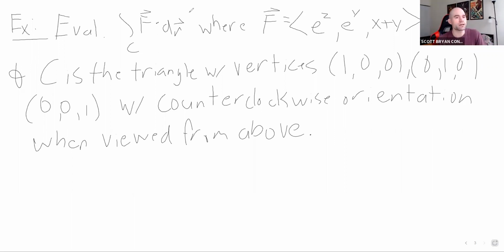So let's do a quick sketch. Our vertices are (1, 0, 0), (0, 1, 0), and (0, 0, 1). So that's our triangle.